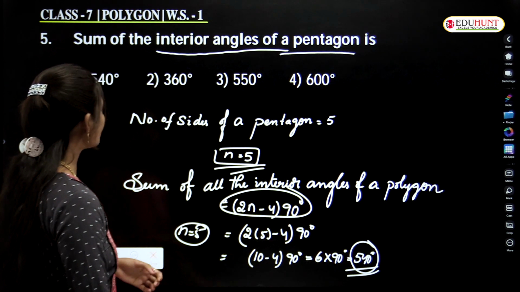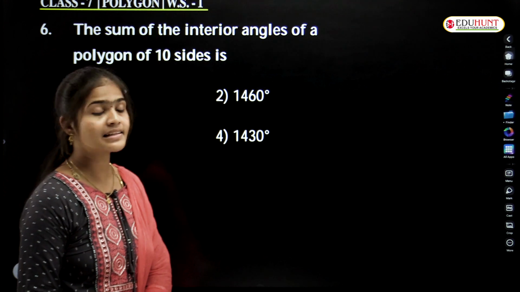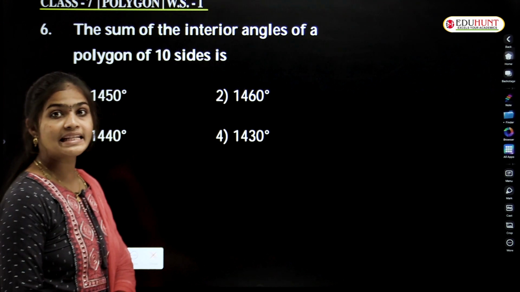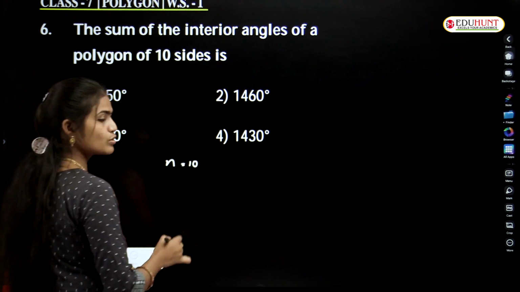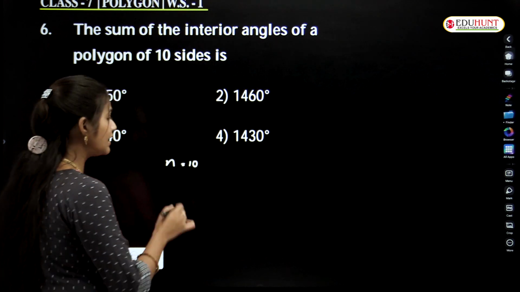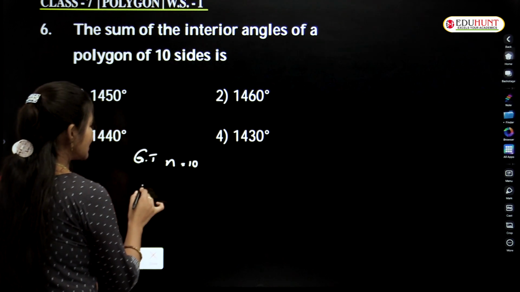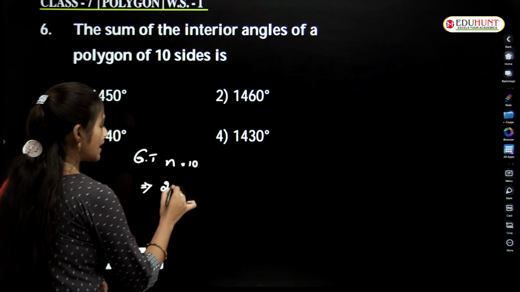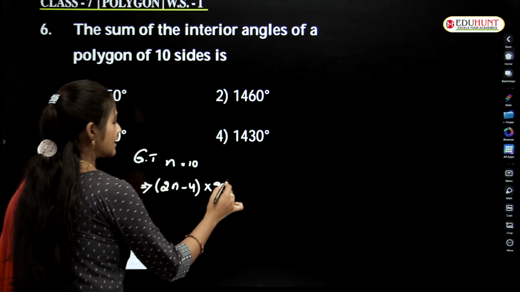Next one. Here it says the sum of the interior angles of a polygon of 10 sides. 10 sides means n is equal to 10, as given in the question. They are asking for the sum of interior angles, and the formula is 2n minus 4 into 90 degrees.